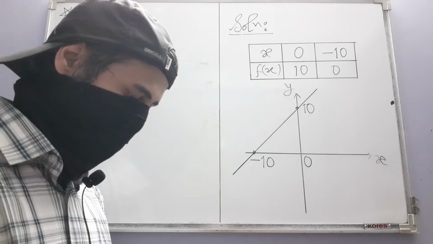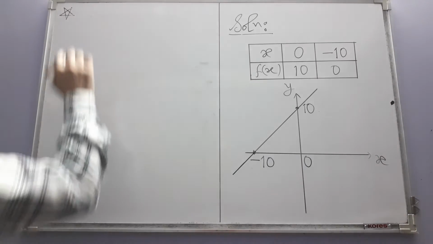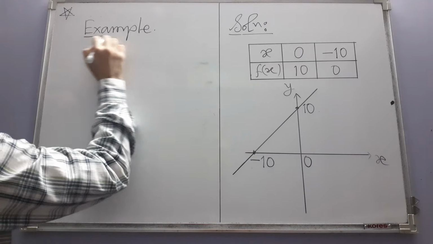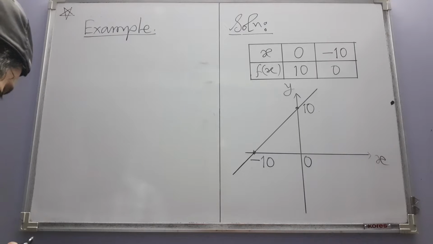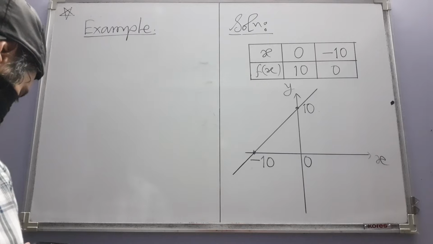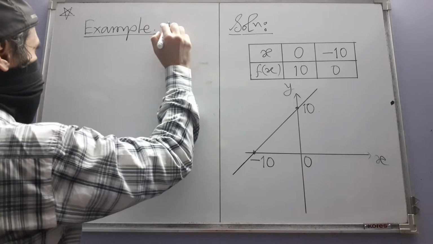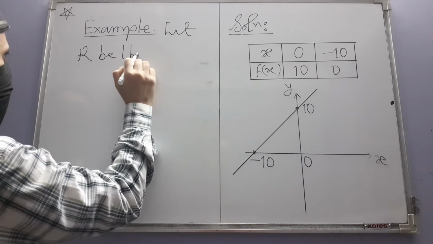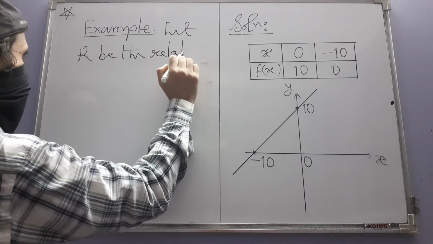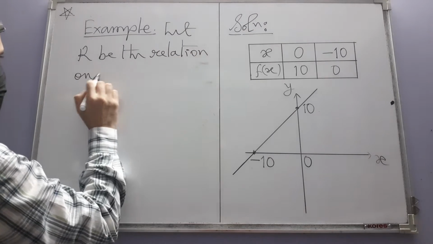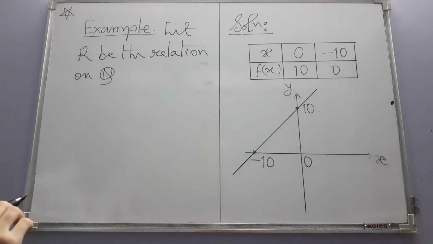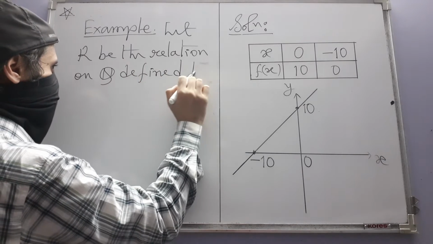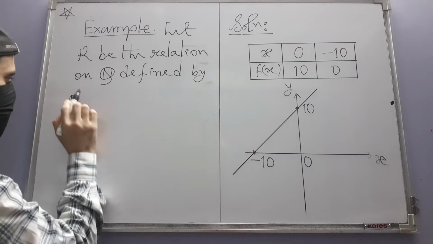The next one is about a relation. So here we have: let R be the relation on Q, the set of rational numbers, defined by this.